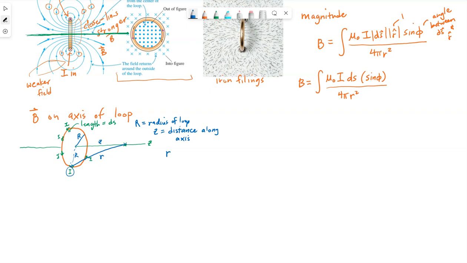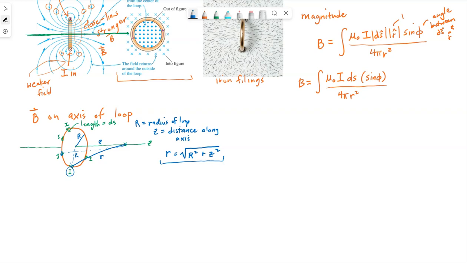So we can say the distance from our piece of current to that point, just using Pythagorean theorem, would be the square root of capital R squared plus z squared. Now, as we think of each little piece of current and think about the distance to this point up here, this distance is going to be the same for every single piece of current because the axis goes through the middle of the loop.